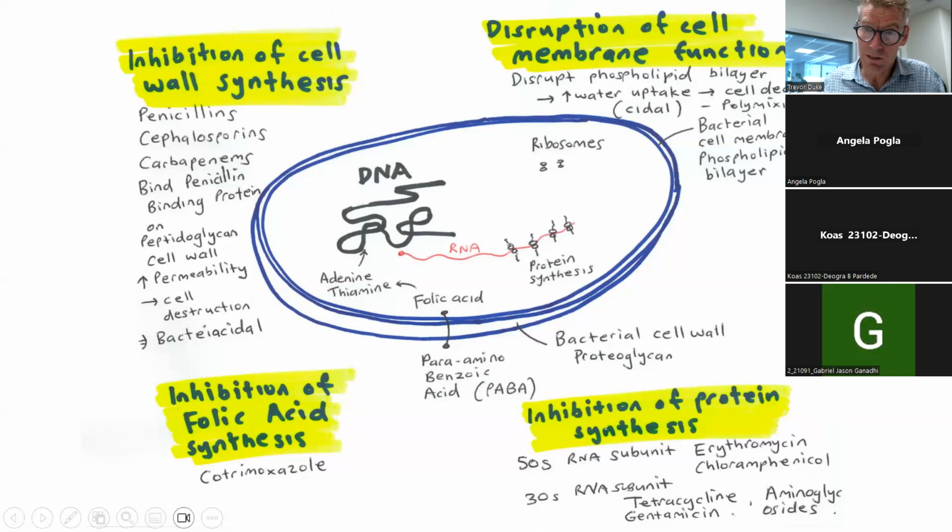So these are the mechanisms of action of antibiotics. And when we think about what things lead to antibiotic resistance, this is why it's important to know the mechanisms of action of antibiotics.